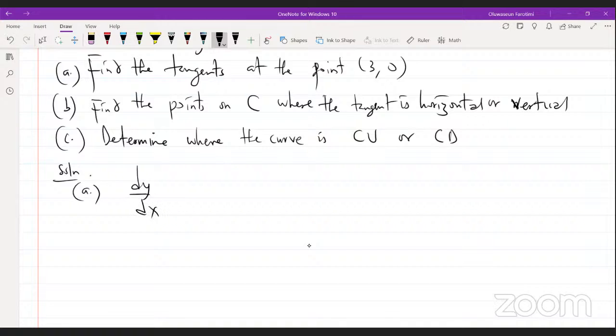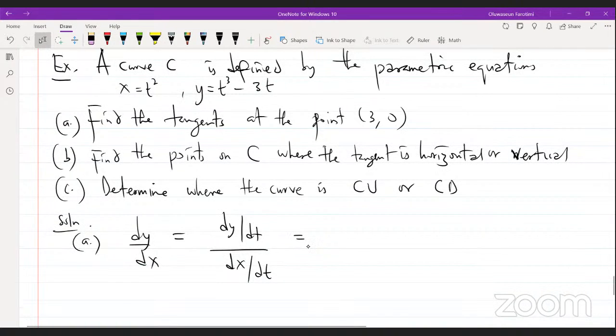That's what it means by find the tangent, because this is not horizontal tangent, it just says tangent. By the formula, differentiate y with respect to t. What do you get? You get 3t squared minus 3. Differentiate x with respect to t, you get 2t. So that's your dy/dx.